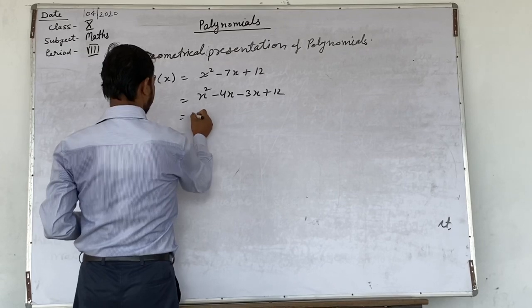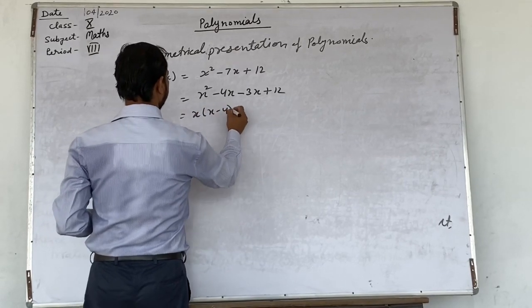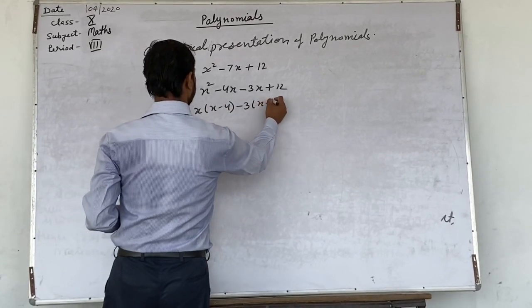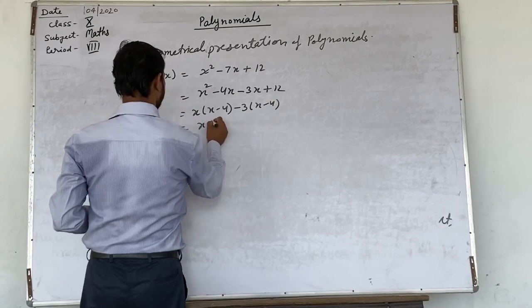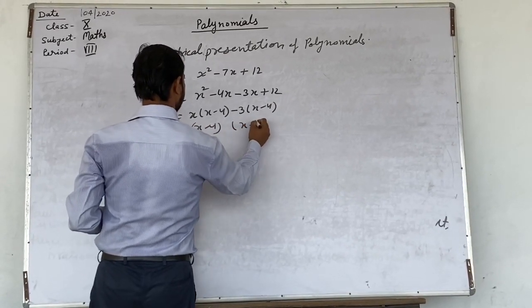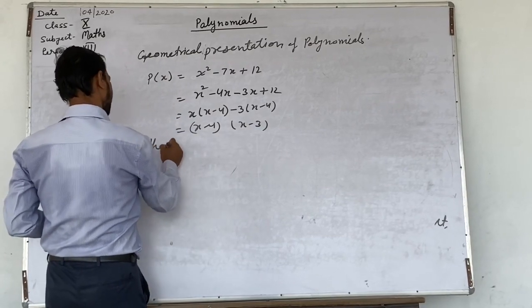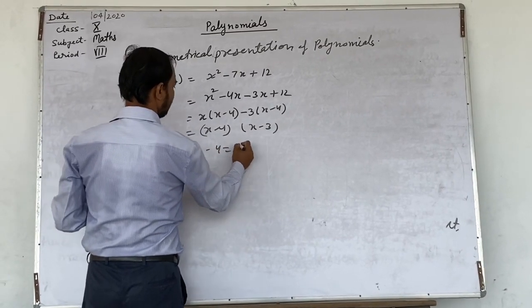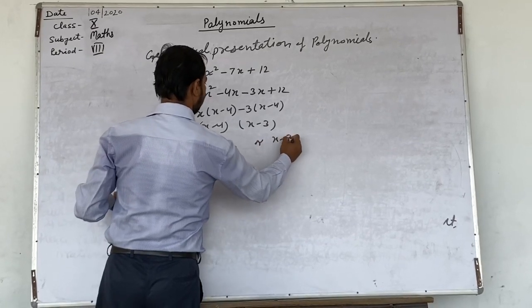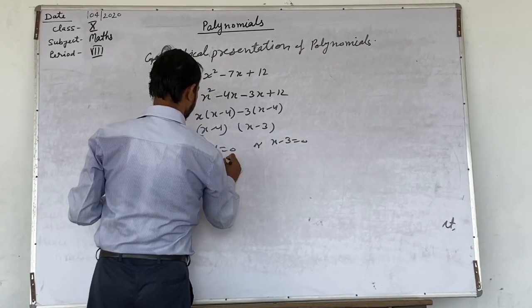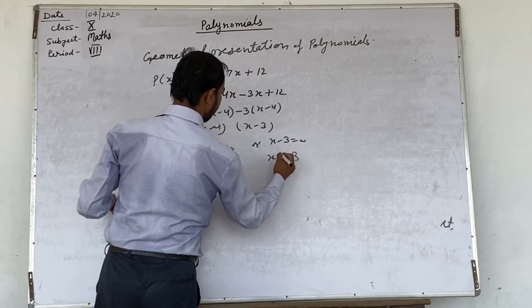In this way, taking x common from the first two terms and minus 3 common from the last two, x(x minus 4) minus 3(x minus 4), so (x minus 4) and (x minus 3). Now you get either x minus 4 equal to 0 or x minus 3 equal to 0, x equal to 4 and x equal to 3.